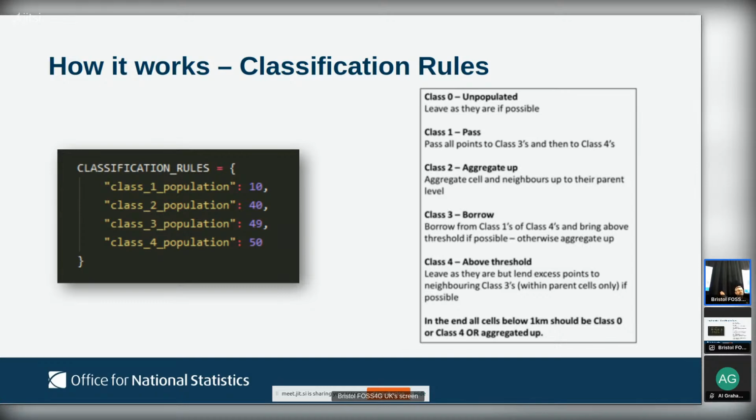So any points in excess in those cells are randomly shared to cells that need them. And this is all within the parent grid cell. So they can't go out of the parent, but they can be shared around within the parent. So you end up with everything in the parent being classified as class 4 or class 0, or it gets aggregated up to the parent level.